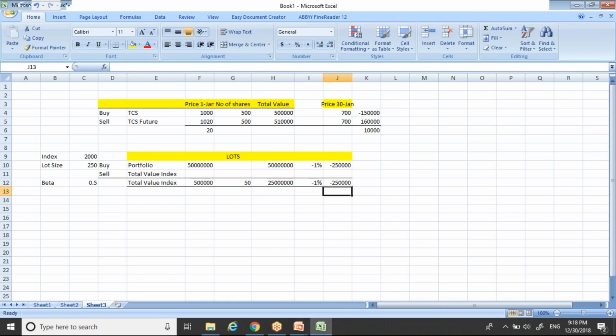Now here again the total return is equal. This should be 1% into half.